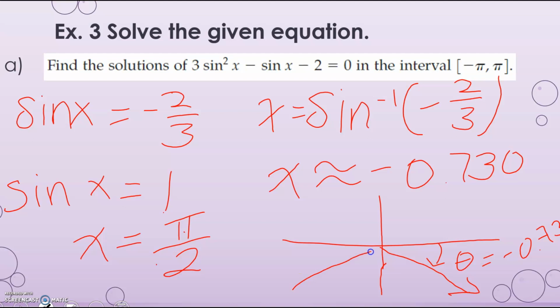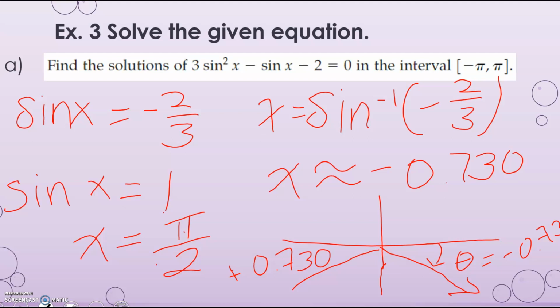Well, that will be in the 3rd quadrant, and the reference angle has to be the same, so it's positive 0.730 for my reference angle right here. Now, normally you would say, well, that doesn't matter because it's in the 3rd quadrant, but here's the thing. When you go from negative pi to pi, you are still talking about the whole entire unit circle. You're actually talking about this is negative pi.